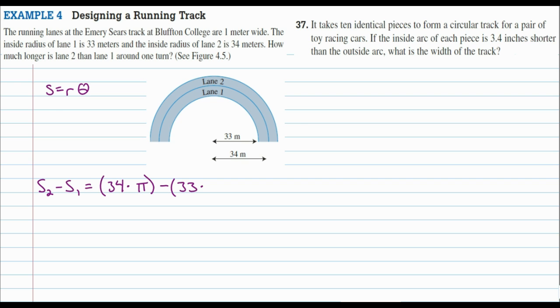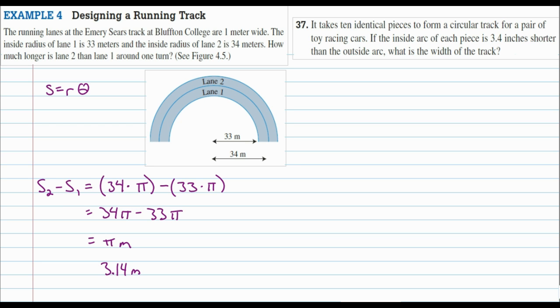Its arc length is also pi radians. So if I have 34 pi minus 33 pi, I don't even need a calculator for that one. That is pi meters, or 3.14 meters longer. So lane 2, just around this curve, is going to be 3.14 meters longer than the other one.